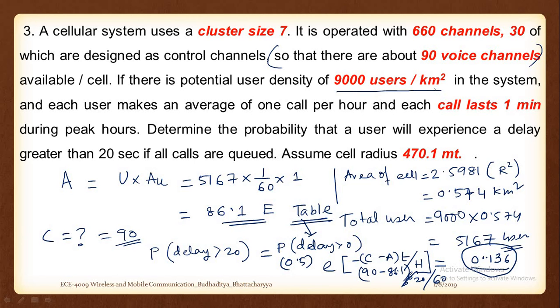So this is how you are going to solve it for Erlang C. It's the same process, only the calculation is different and the formula that you are referring to is different. So please remember that in these formulas, the first part will be taken from the table, and the rest has to be calculated using the data. So this is one given numerical for Erlang C.